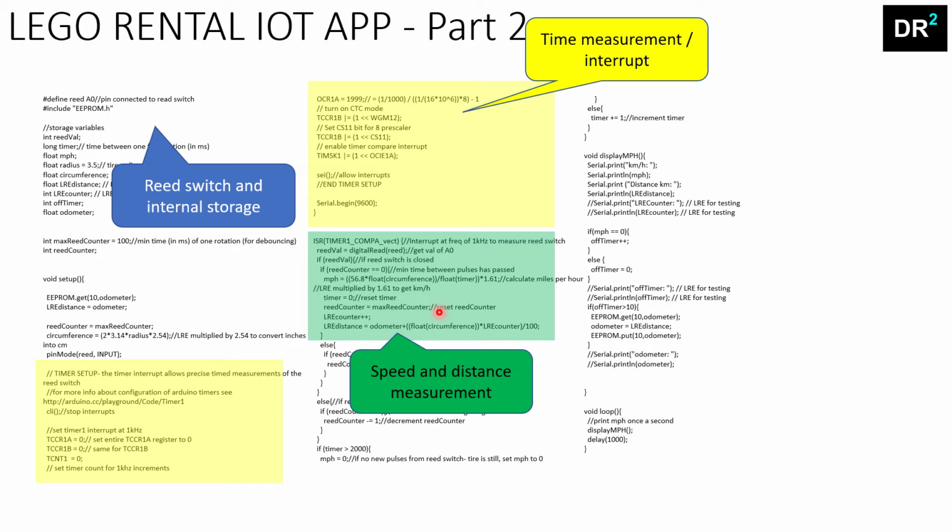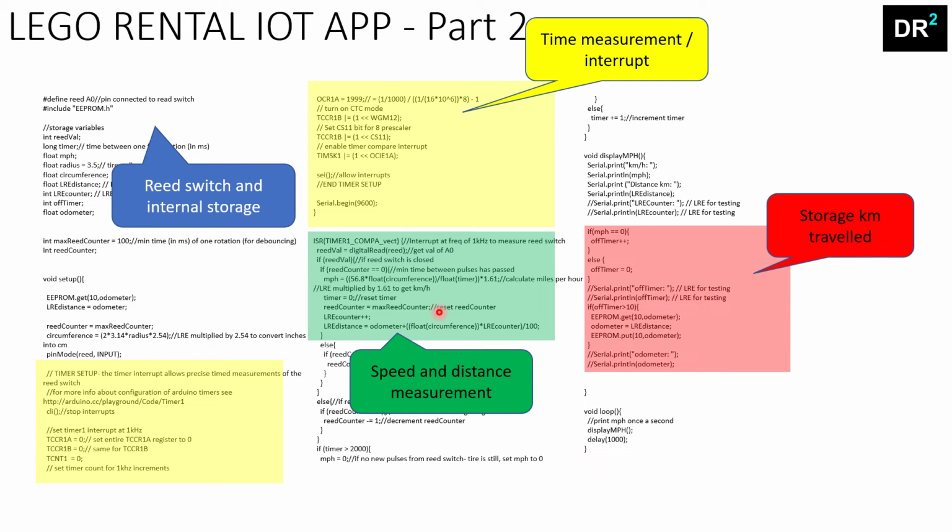So later on I basically have a wheel with a circumference of more than 5 meters, so that I do not have to spin that wheel so often, and to show you the demo with some reasonable data. And then once you stop driving, I have an internal storage, called EEPROM, that is basically storing the kilometers traveled after 10 seconds.